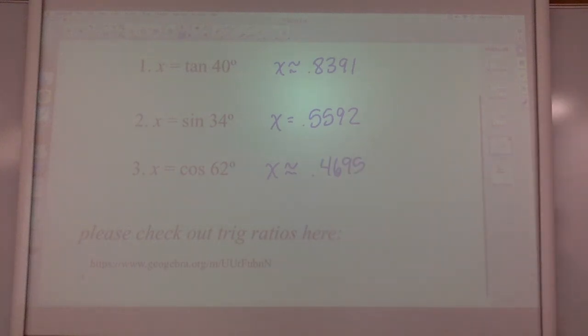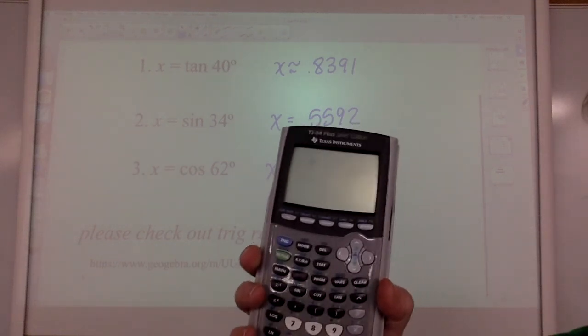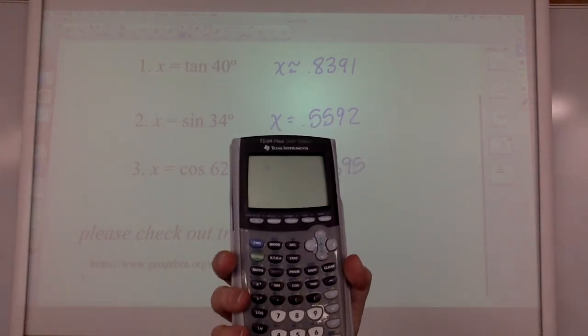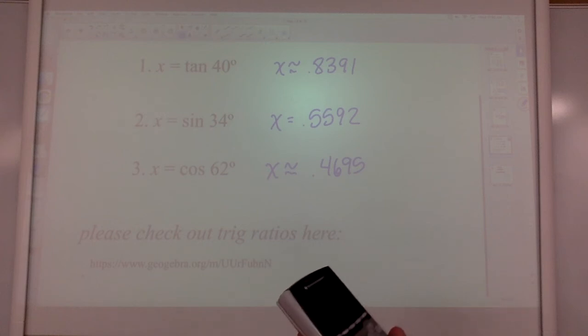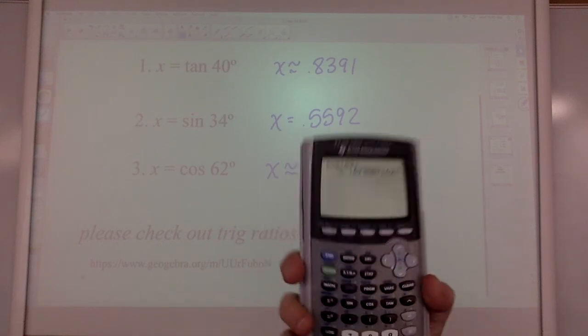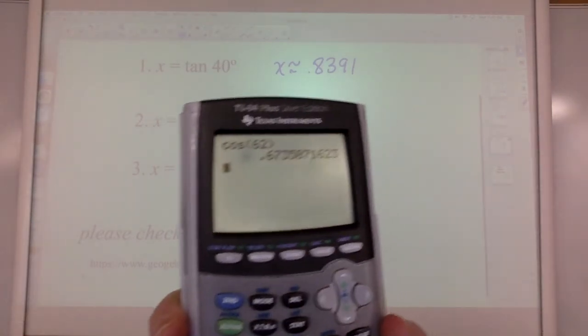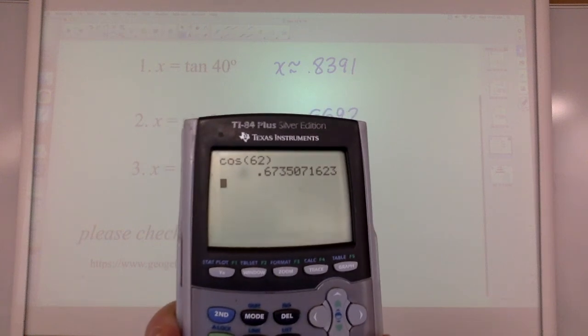Now, I hope you all tried it on your calculator. Make sure your calculator is working. Some of you have one of these calculators. Uh-oh. There's a chance that when you typed in cosine of 62 degrees, watch what happens. Cosine of 62. I got 0.4695. You got 0.6735.